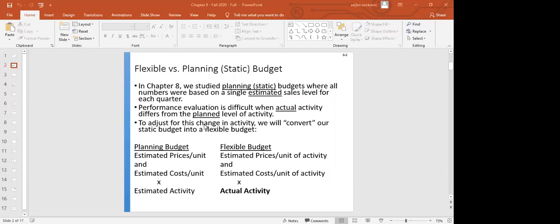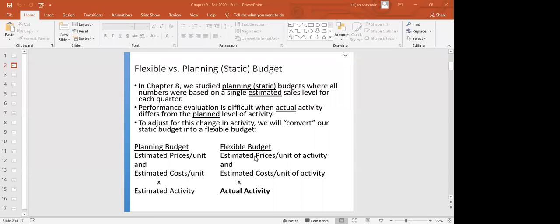So we will convert our static budget into a flexible budget. How will we do this? We will simply use actual activity versus the estimated activity, but we will use those same functions that I said earlier: estimated prices per unit, estimated cost per unit.